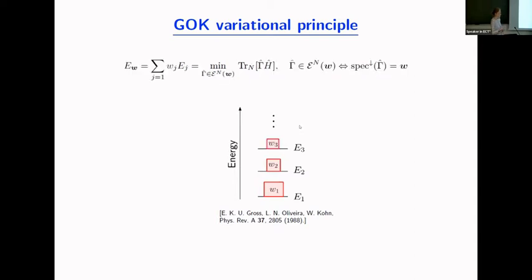So we just do the same as previously. We now minimize over all density operators in the set E_N(w), but this set is just characterized by the spectral constraint, namely that when I order the spectrum of the density operator gamma decreasingly, then this should be equal to the weight vector. So that's the same we had on the previous slide, but now for an arbitrary number of weights.